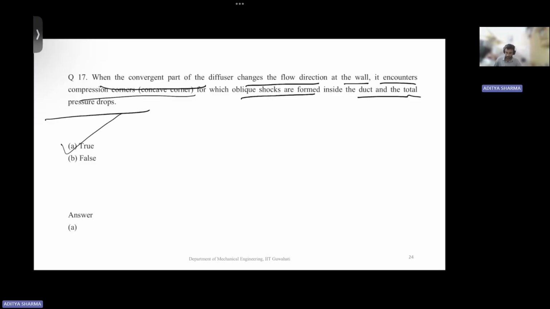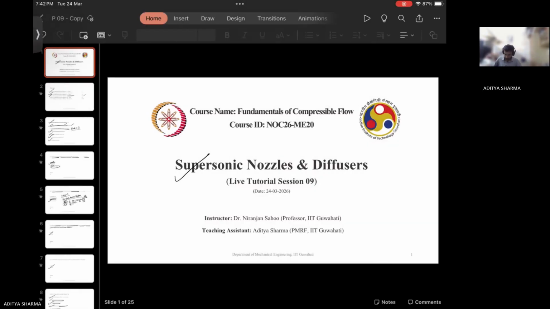So this is it about today's session on your supersonic nozzles and diffusers. Here we saw one important topic, your adiabatic nozzle flow, that you need to keep in mind. We started with the isentropic nozzle flow, supersonic nozzle flow, then subsonic nozzle flow. Then we saw adiabatic nozzle flow in lecture number 21. What is a choked flow, that we also saw, right?